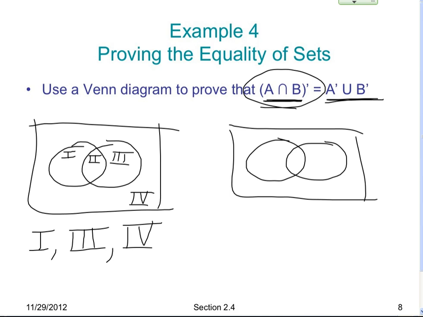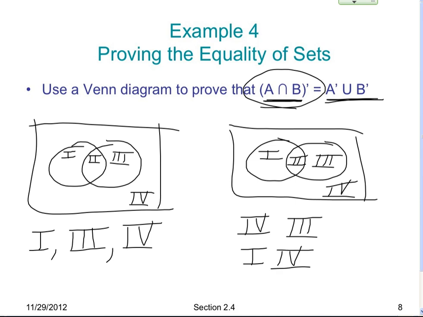Now for the other one. Again, we have region 1, 2, 3, and 4. We need A complement, that's anything outside A, so that would be 4 and 3. And we need B complement, which is 1 and 4. So A complement, B complement.